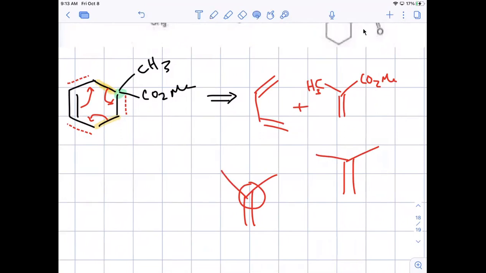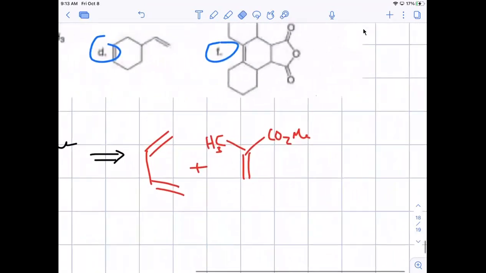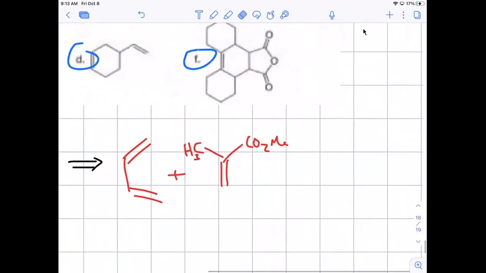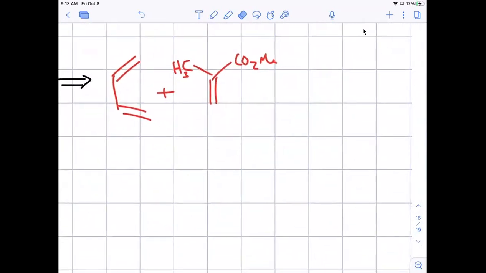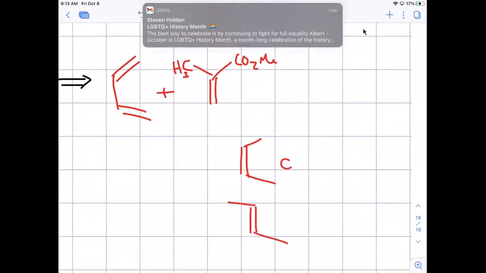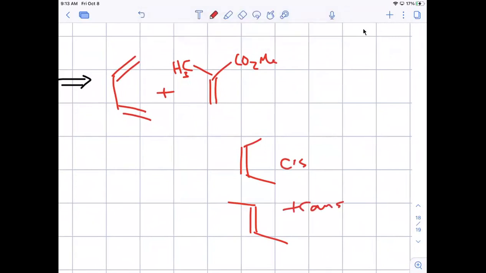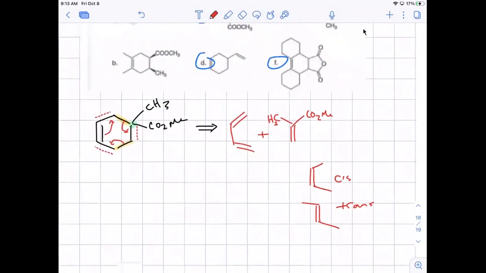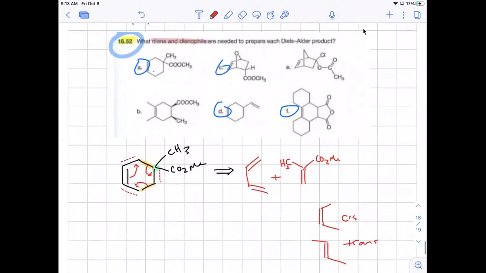So when you get ready to draw your dienophile, if it's acyclic, just start by drawing an alkene and then come back and put the substituents on. If this was a cis alkene, it would look like this, where both substituents would be here. If it was trans, it would look like this, where one is on one side and one is on the other side. All right. Did that clear it up a little bit? Yeah, it did. Okay.